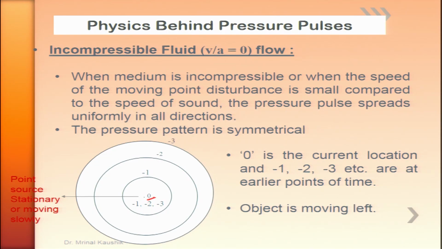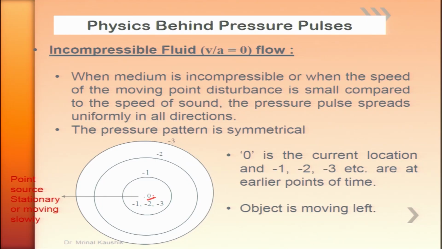At any particular instant, these acoustic wave propagations are represented as the superposition of all those waves which were emitted previous to that instant. That is, if we are interested in time t equal to 0, then we need to superimpose all those spherical waves which have propagated from that source earlier to this time instant, denoted by -1, -2, -3 time instants.